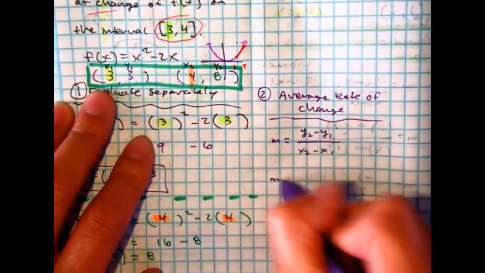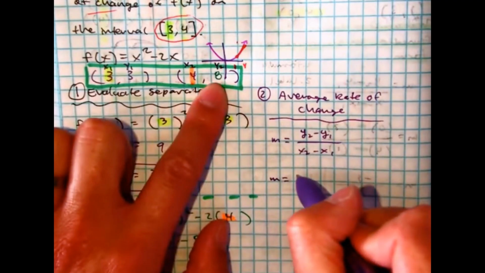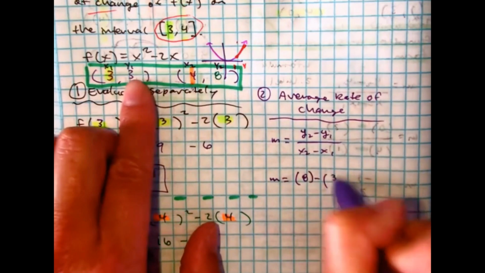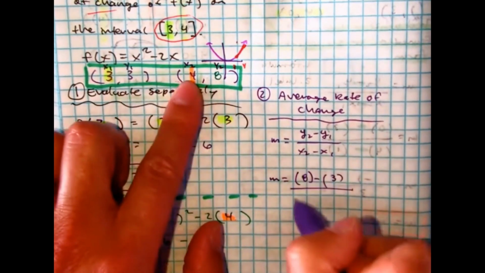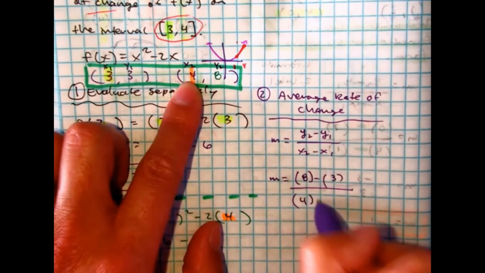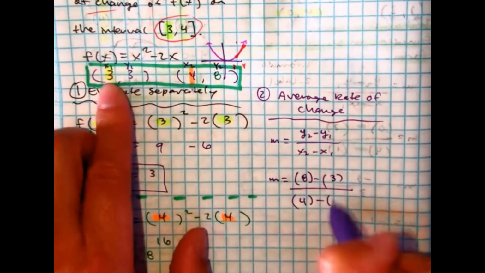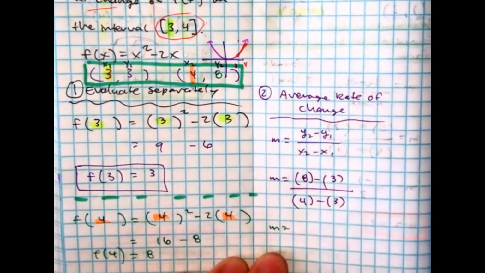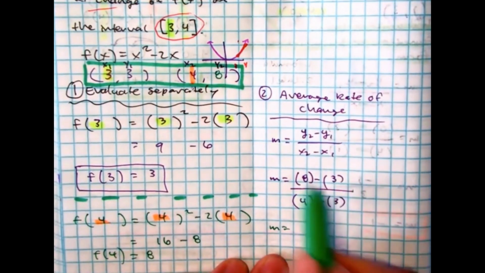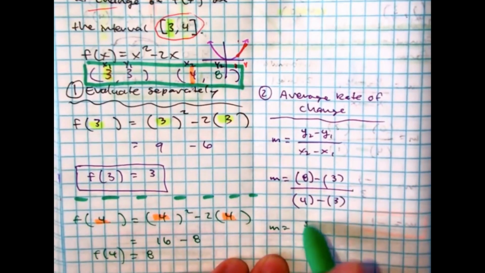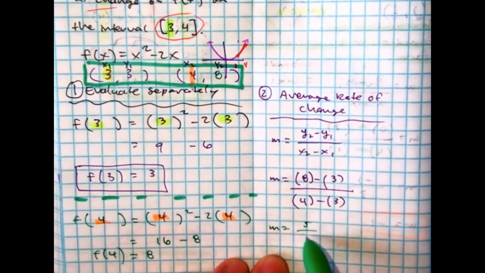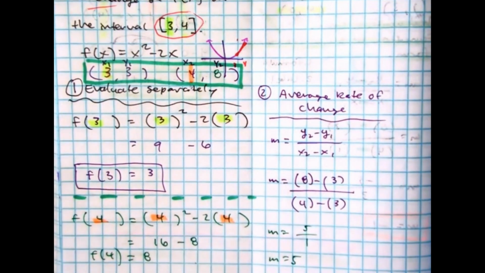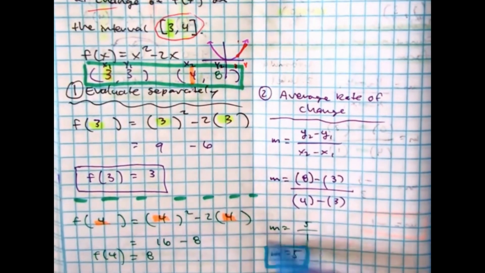So I have the 8 minus 3 over x2, which is 4, minus 3. And then our slope, or fancy word they also call it secant, 8 minus 3 is 5, and 4 minus 3 is 1. So I have a slope of 5. The average rate of change is 5, that is my answer.